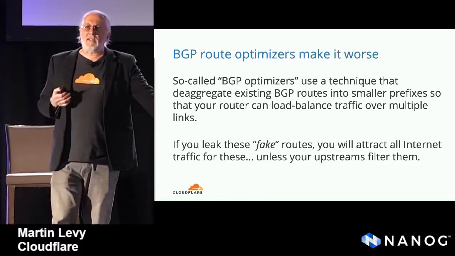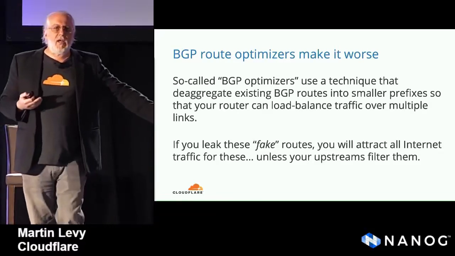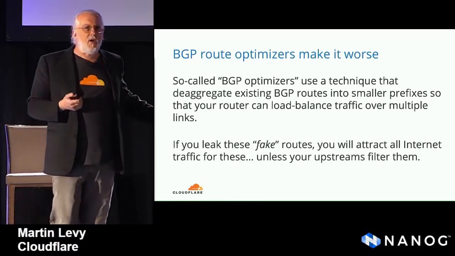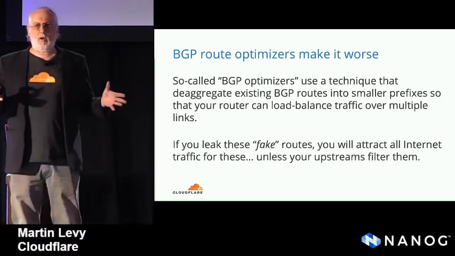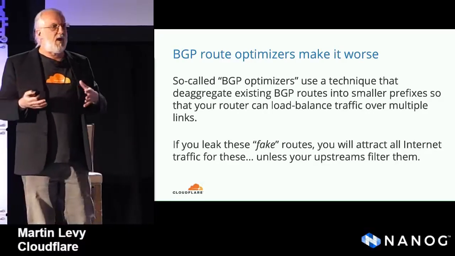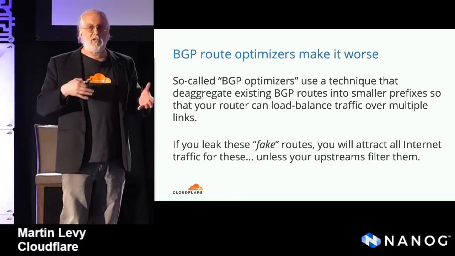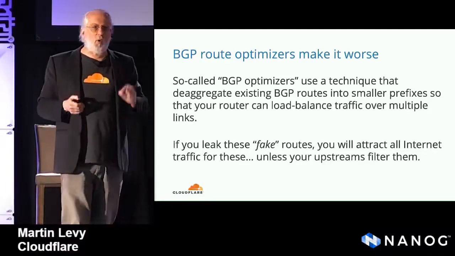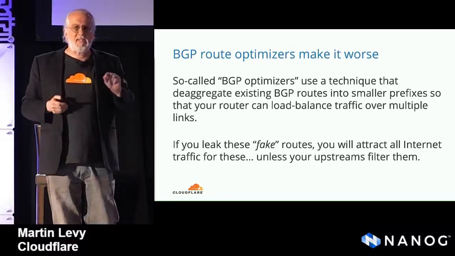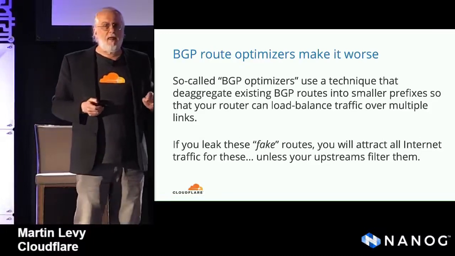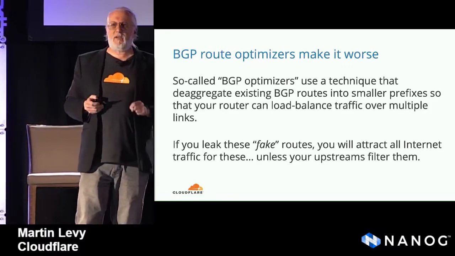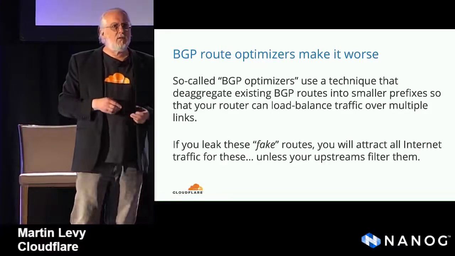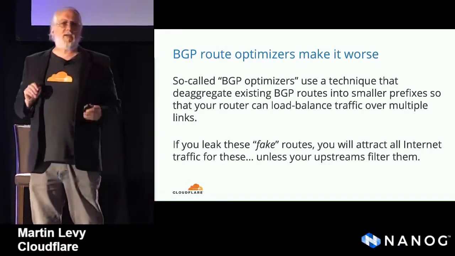A route optimizer injects routes in order to steer traffic within somebody's network by generating additional routes, by generating next hops, by generating AS paths that don't exist. And more importantly, and in this case explicitly, by generating more specific routes that will steer the traffic appropriately.